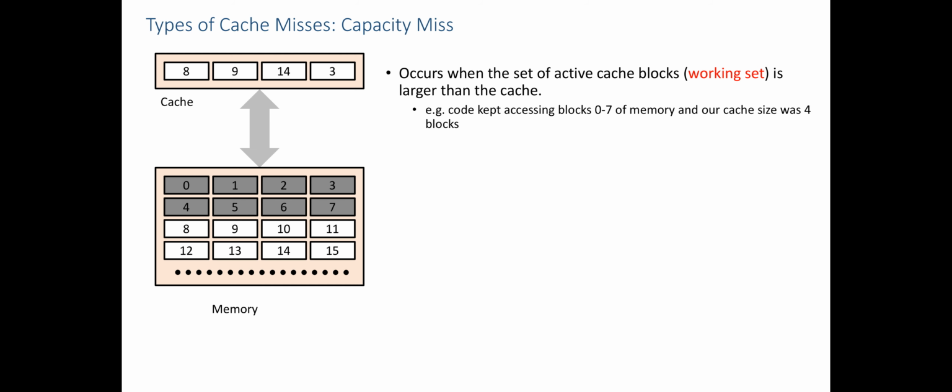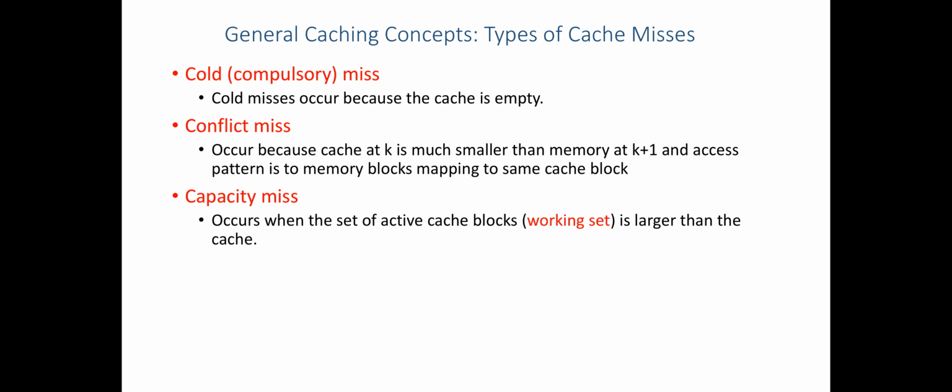Okay, so to summarize this now, we have the notion of different types of cache misses. Our cold misses, just because when you first start a program, you're going to bring your first few blocks into cache. We can have these conflict misses where we don't have good locality for some reason, and we keep having to bring blocks in and out.